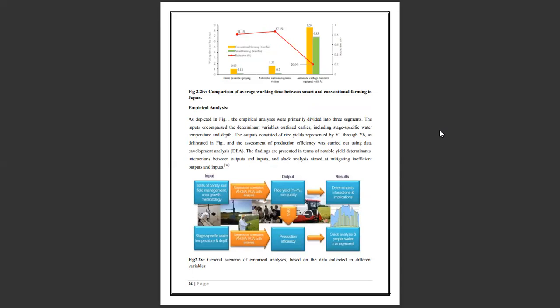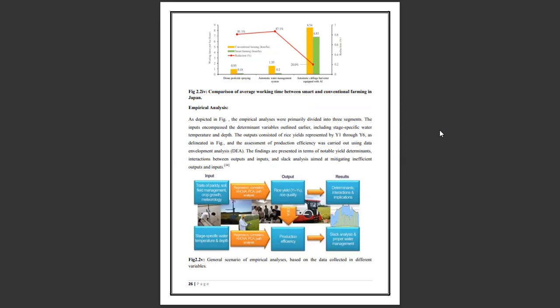Now look at the empirical analysis. As depicted in the figure, the empirical analysis was primarily divided into three segments: the inputs, output, and results. The input encompasses the determinant variables outlined earlier, including state-specific water temperature and depth. Now look at the output.